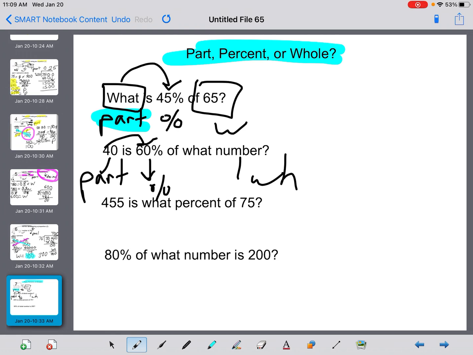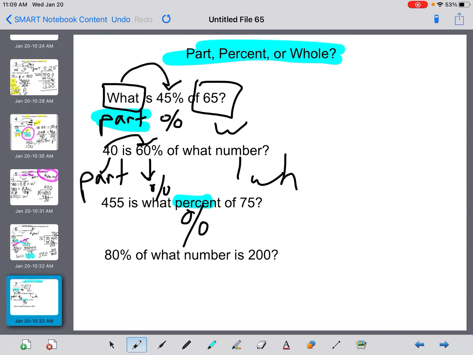Now look at this one. This one should be pretty straightforward. 455 is what percent of 75? So here, it should be pretty straightforward that I'm actually looking for the percent because it's saying what percent. But now notice, look for that is to find the part.